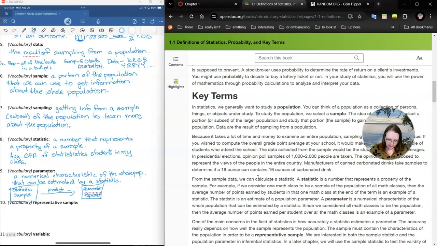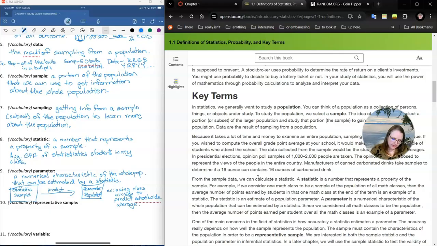So example, using class average to predict school-wide average.